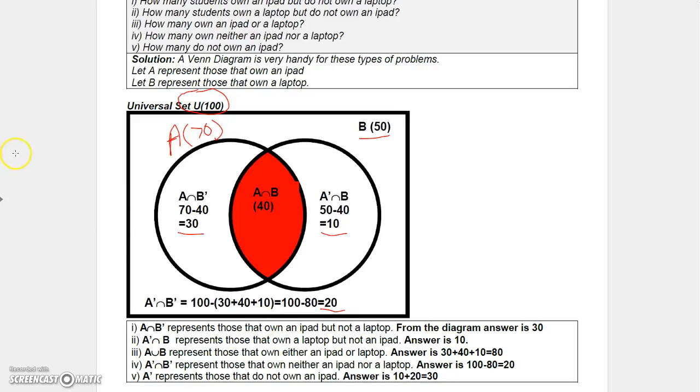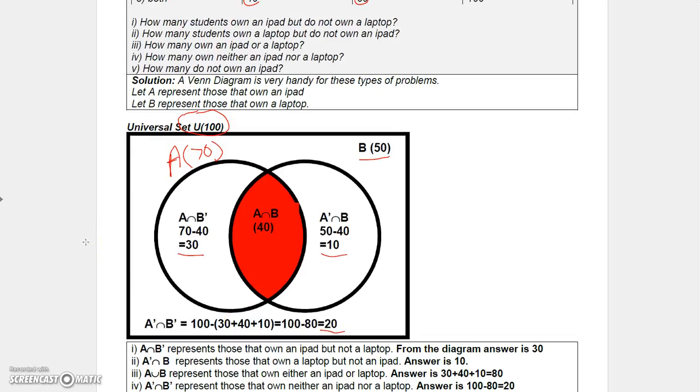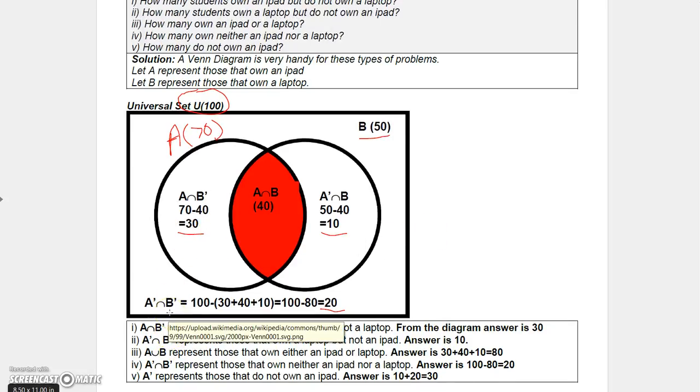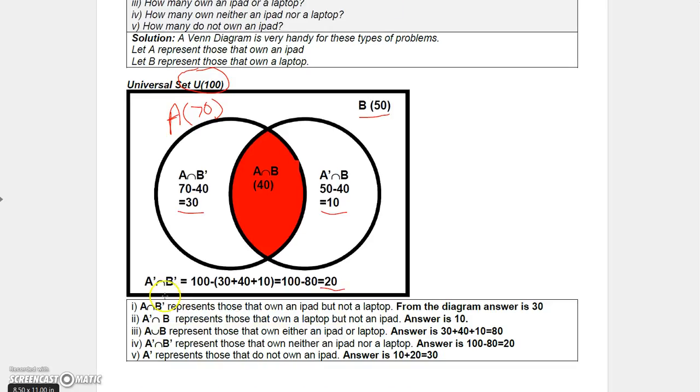Once you get all of these areas filled out, 30, 40, 10, and the outside area with 20, then you can answer all of the questions. The first question: how many own an iPad but not a laptop? That's A intersect not B, so the answer is 30. How many students own a laptop but not an iPad?